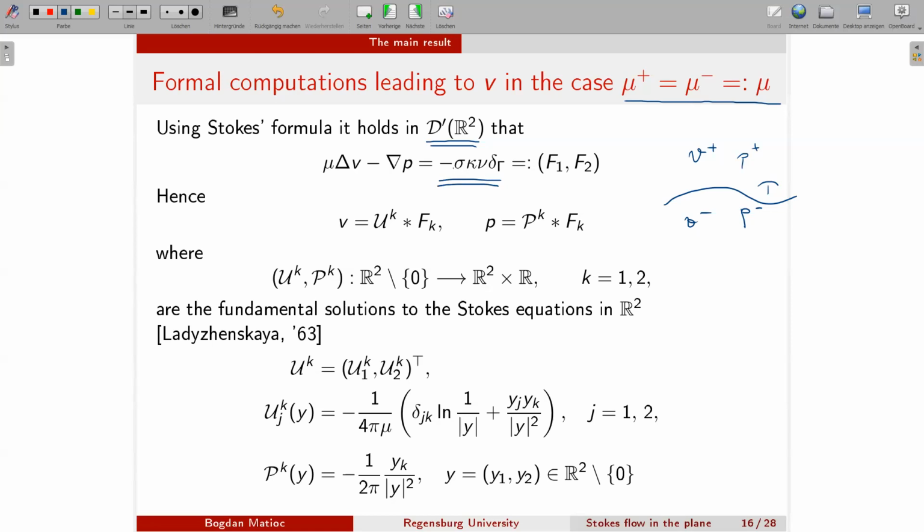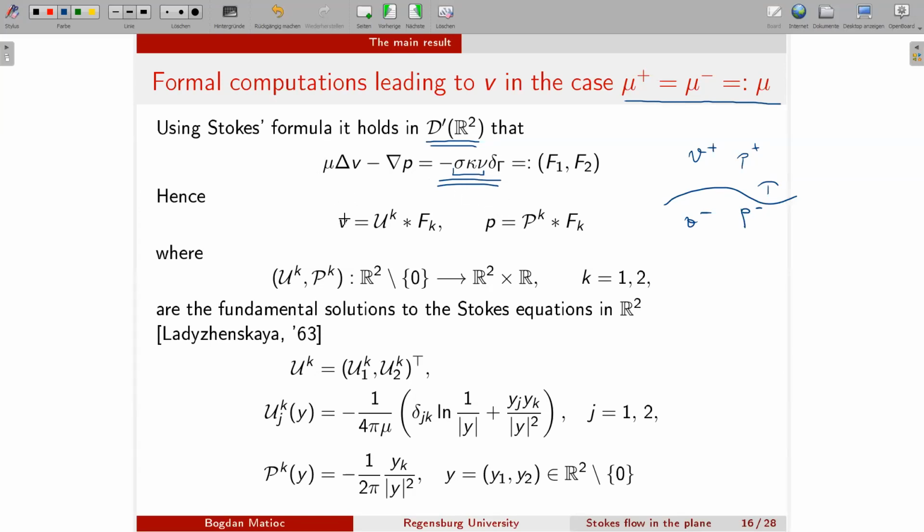So we have here the term, which is a term from the boundary condition on the stress jump. And here, this is a Dirac mass on gamma. So this distribution is supported on gamma, and we have an explicit formula for it.